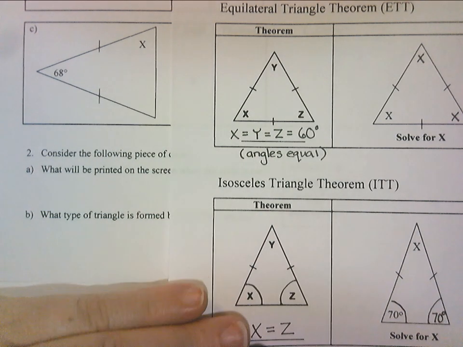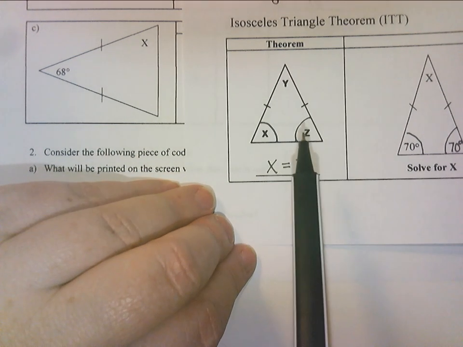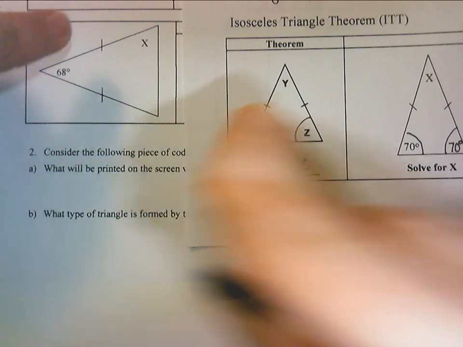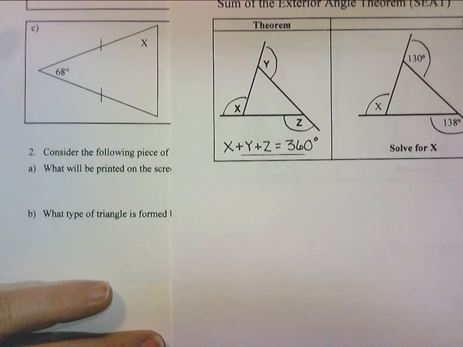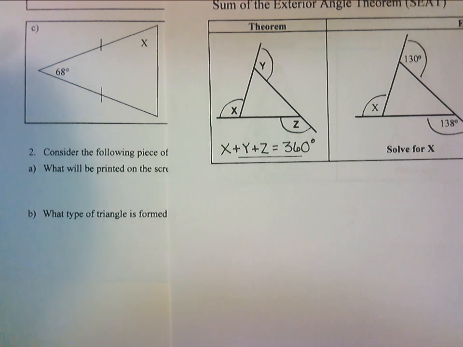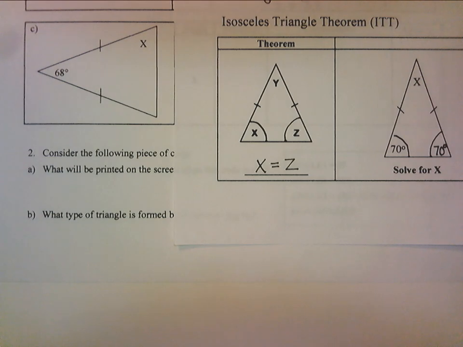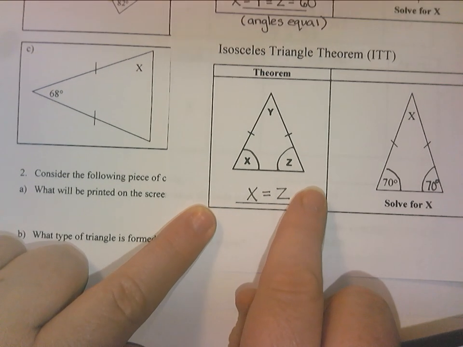I only have two sides marked as equal. And then ITT, I do have two equal sides, and this has two equal sides. With the SEAT, I do notice I don't have any exterior angles marked here, so I don't think this one is helpful for us. So I am going to try to use the isosceles triangle theorem.